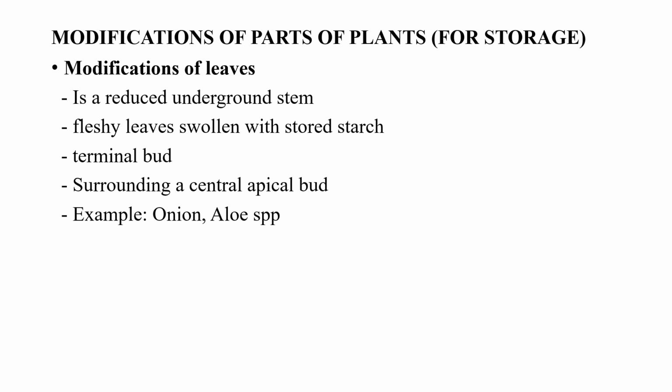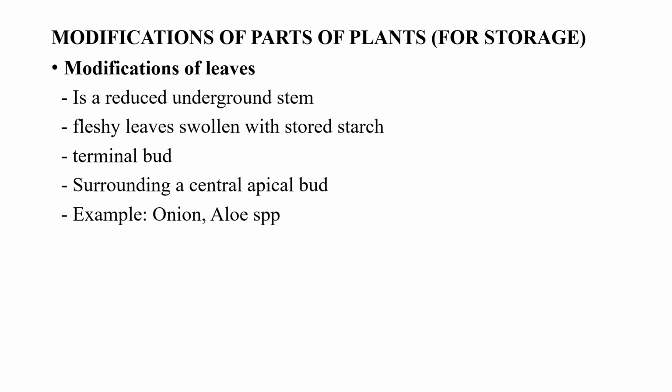But when you open it, you will see that it still has a bud, especially a terminal bud. On the outer part, you can see the scaly leaves. So you can also see the apical bud.